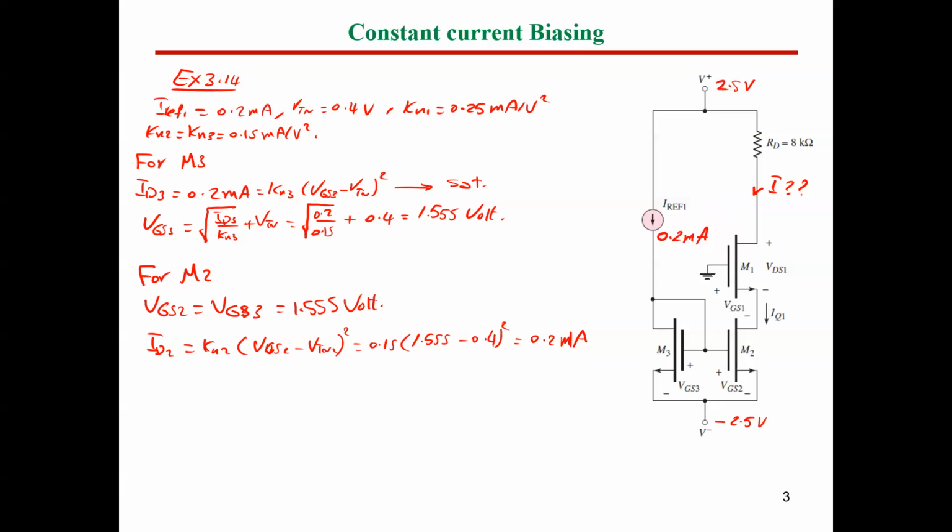So for MOSFET M1, VGS1, the gate to source voltage. As you can see, VG is 0 for MOSFET 1.